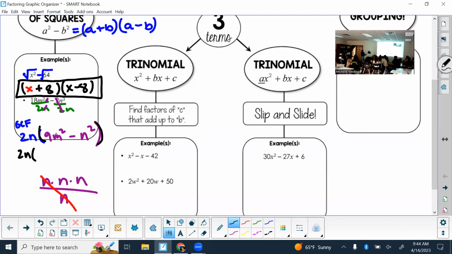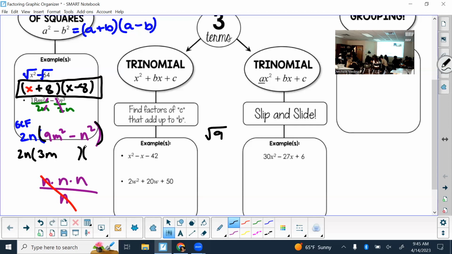Hayden, what's the square root of 9? You're always using a calculator, but yes, it's 3. And then what's the square root of m squared? m. That is it. All right, so that'll be the first part of each parentheses.